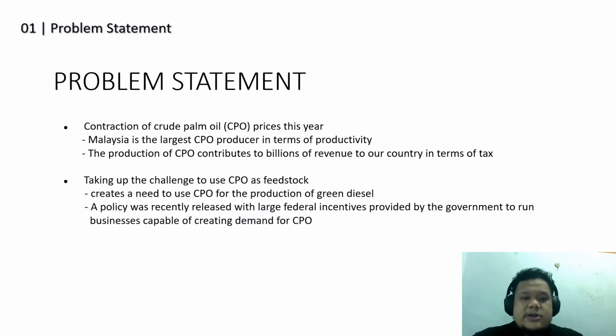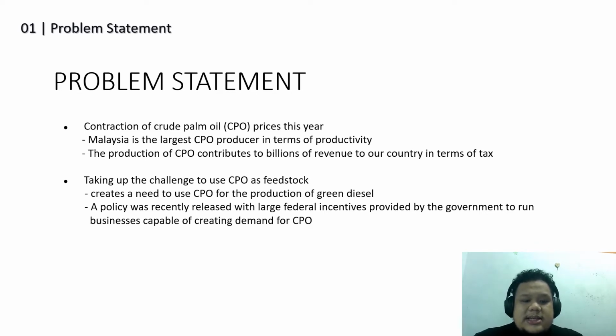The first part of the project overview is the problem statement. The first problem statement is that this year there is a contraction of crude palm oil prices, and as a matter of fact, Malaysia is the largest CPO producer in terms of productivity, and the production of CPO contributes billions of revenue to our country in terms of tax.